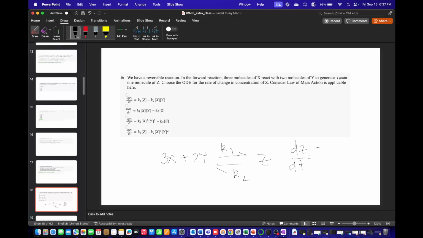So this will be X to the power 3, Y to the power 2, into K1. So this is the forward rate, where Z is getting created.